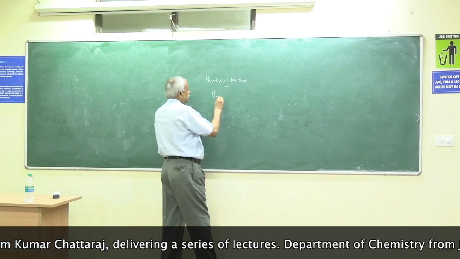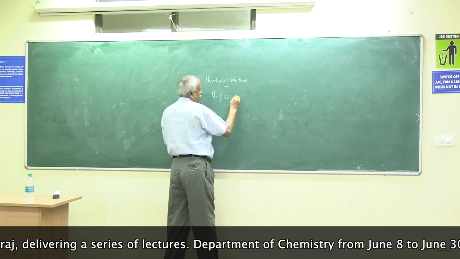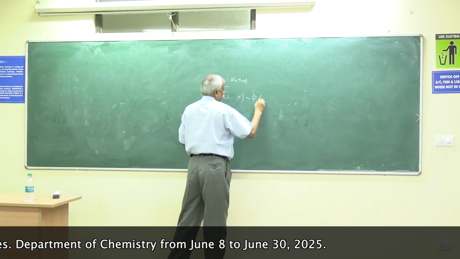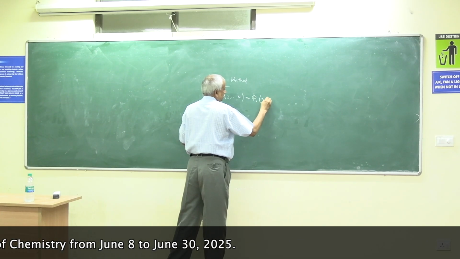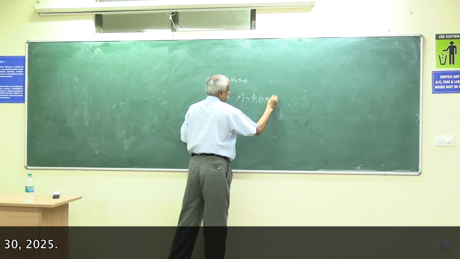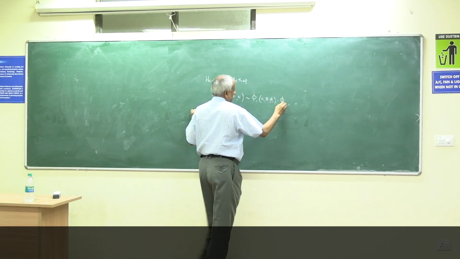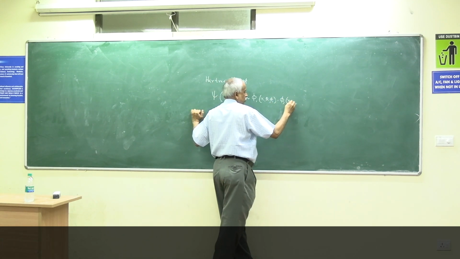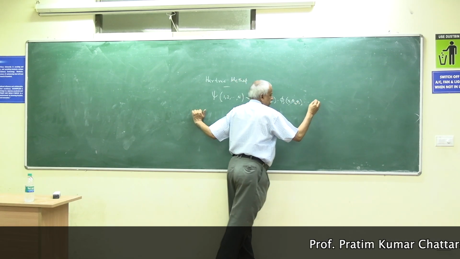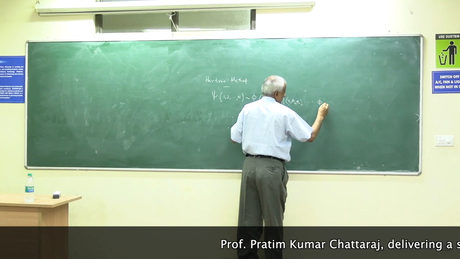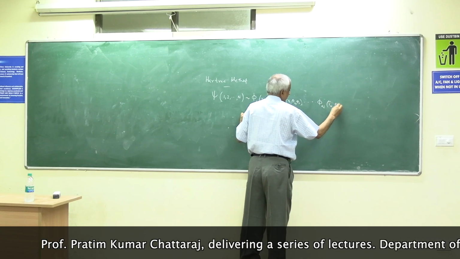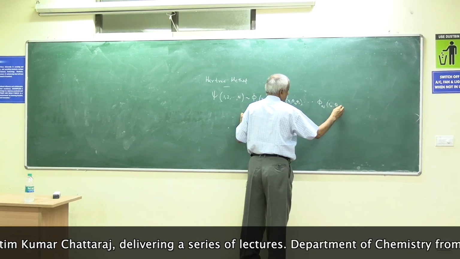That means psi(1, 2, up to n) he has considered approximately as phi 1(r1, theta 1, phi 1) into phi 2(r2, theta 2, phi 2) up to phi n(rn, theta n, phi n).